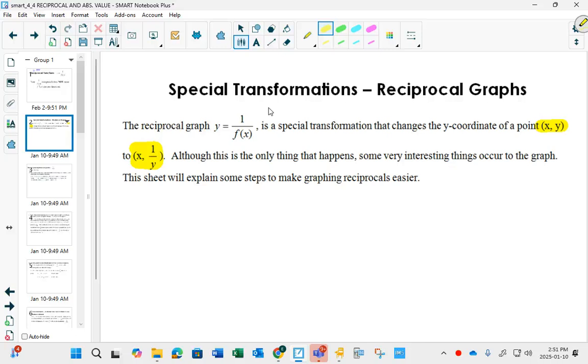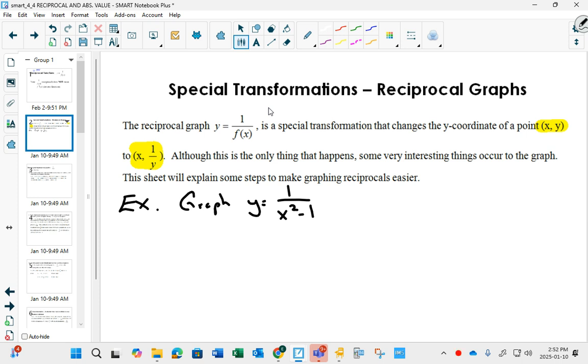But that only rule, sometimes it's a little complicated to see what happens as a result. I'm going to make up an example. You don't have to copy it down. I just want you to watch and see why the simple rule isn't quite enough for us to graph it completely. We are going to graph y equals 1 over x squared minus 1.